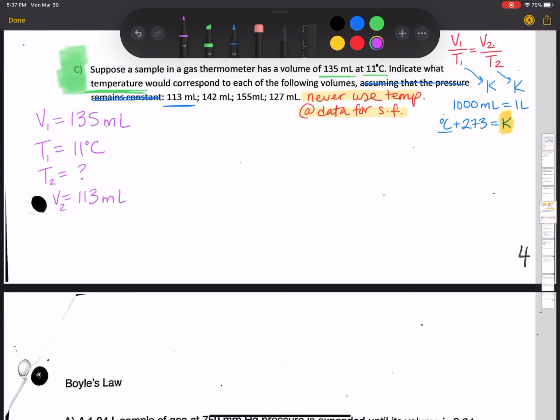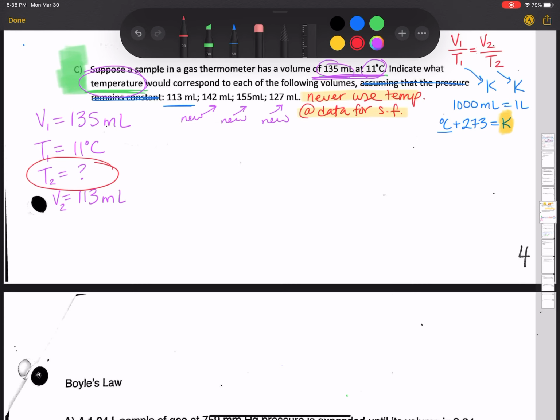For this particular question, your V1 is always going to be 135 milliliters, and your T1 will always be 11 degrees Celsius, because it's asking you what temperature is going to correspond to each of the following volumes. So these are going to be your new conditions. These right here are my original conditions. I'm looking for my new temperature that's going to relate to each one of the 4 new volumes that they've given me. So that means that I now need to solve for T2.